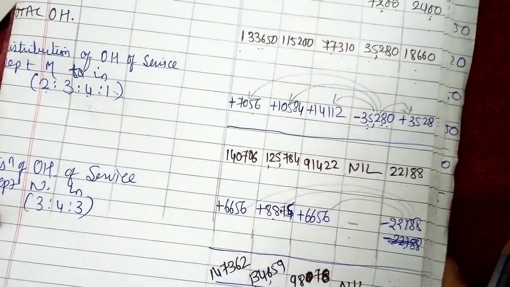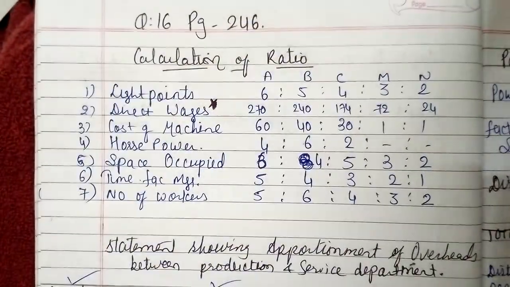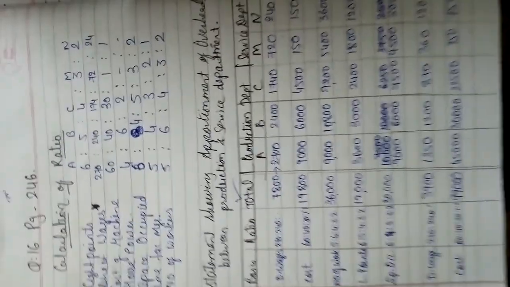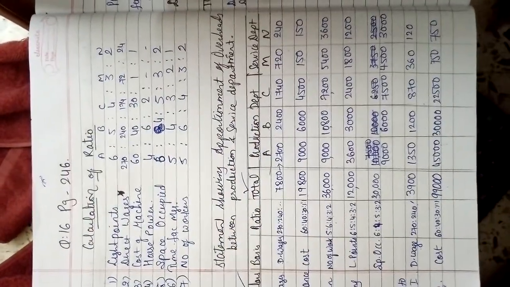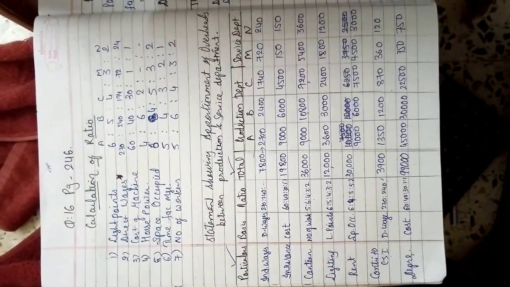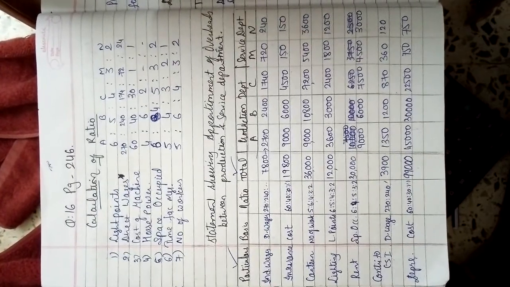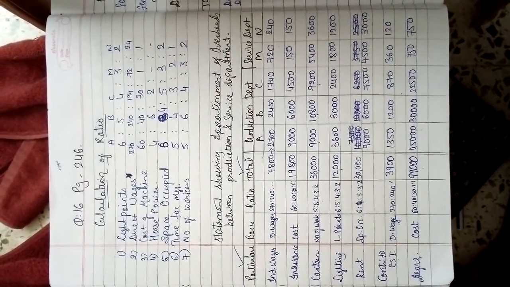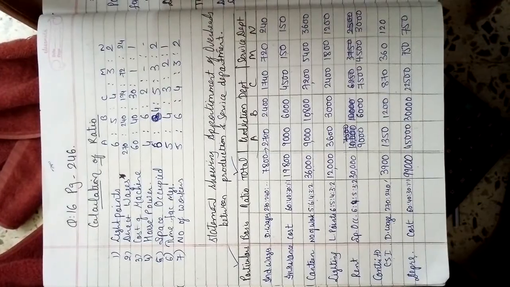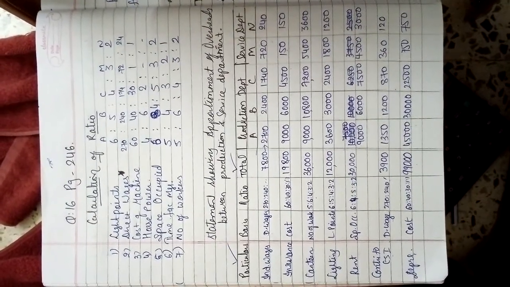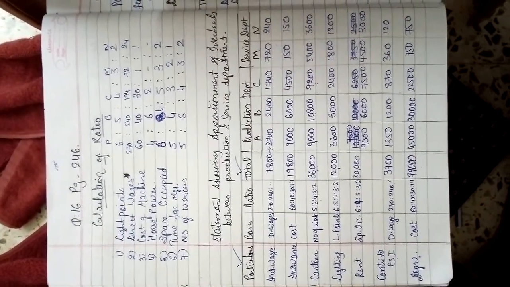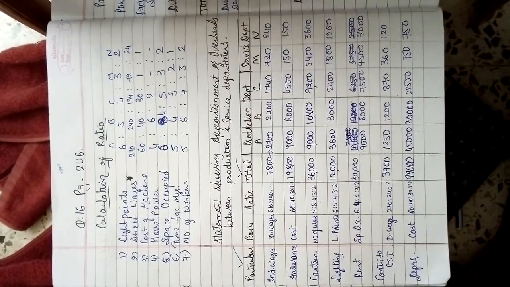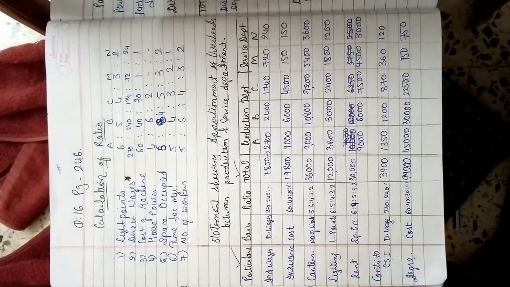So I am just changing the focus of the camera so that you can see the full calculation. You can have the screenshot if you wish. Alright, the first passage describes calculation of ratio. Then we started with drawing the statement and putting the items in it.